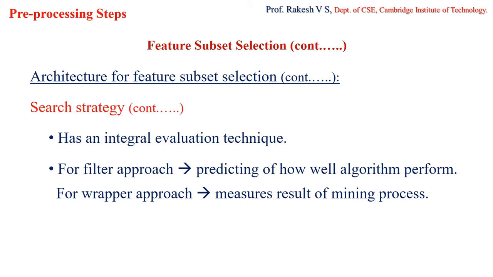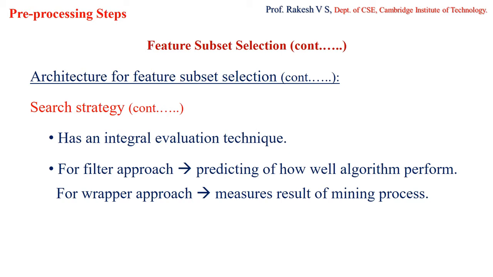Okay, to cater to the need of the second condition, a search strategy has an integral evaluation technique. This evaluation technique is to compare among different subsets identified and select an optimal subset. This is an essential feature for certain mining tasks like classification and clustering. In case of filter approach, the integral evaluation technique would predict how well the actual data mining algorithm will perform on a given set of attributes.